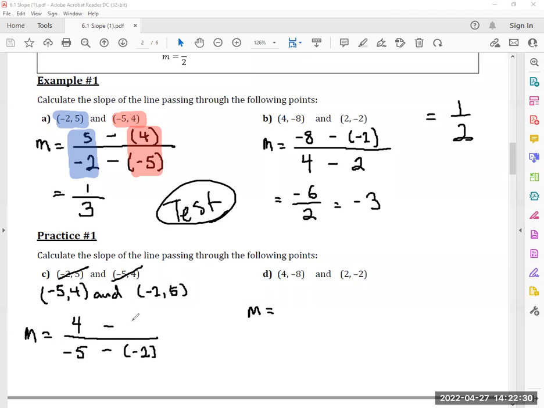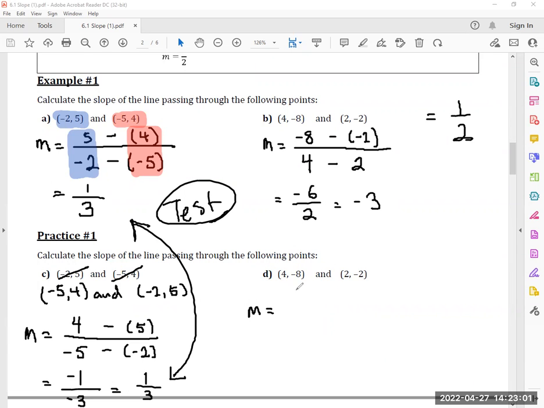X is on the bottom, Y is on the top. 4 minus 5 is negative 1. Negative 5 plus a 2 is a negative 3. And if that works out, negative divided by negative, you can simplify that and say that's a positive 1 over 3. It's a little bit of an extra step, but I wanted to show you that it doesn't matter which order you do it, you should still get the same number.